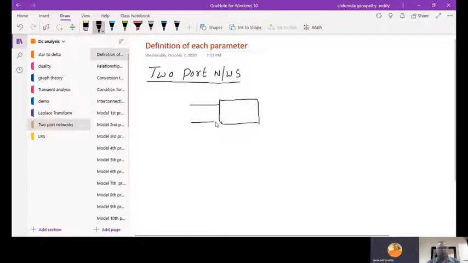This is one port. This is port 1, 1 prime, 2 and 2 prime. So two ports are there, therefore we call it as two-port.